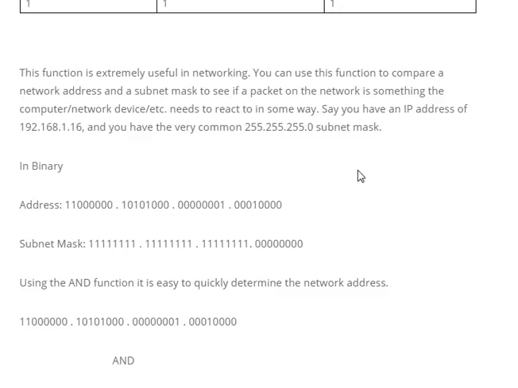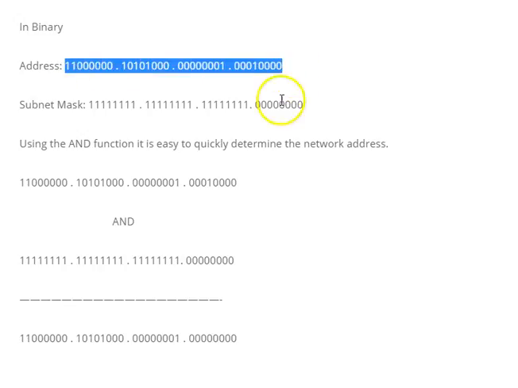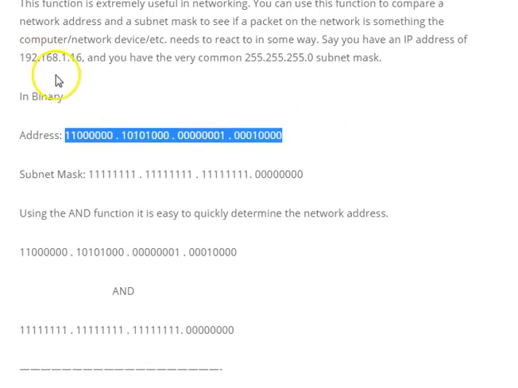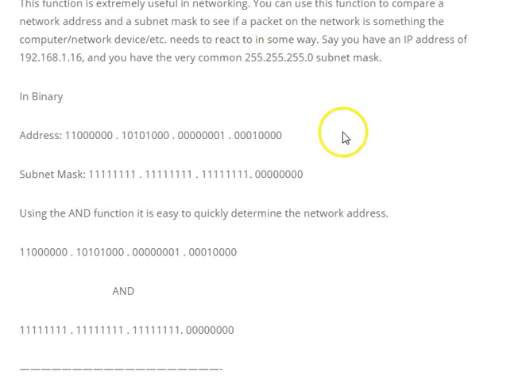Say you may have an IP address of 192.168.1.16 and you have the very common subnet mask 255.255.255.0. In binary, here's the address, this one, and here's the subnet mask for this one.